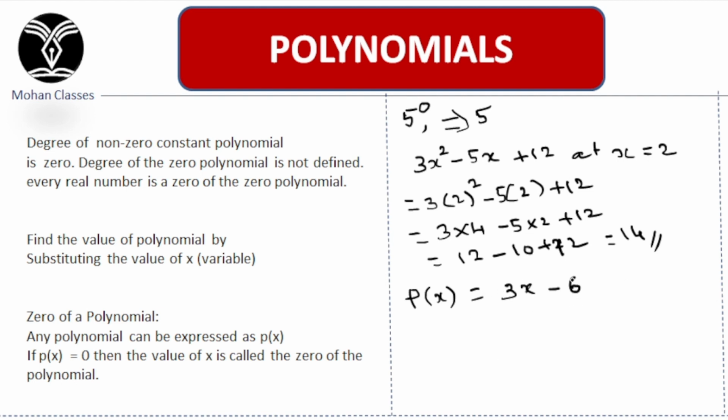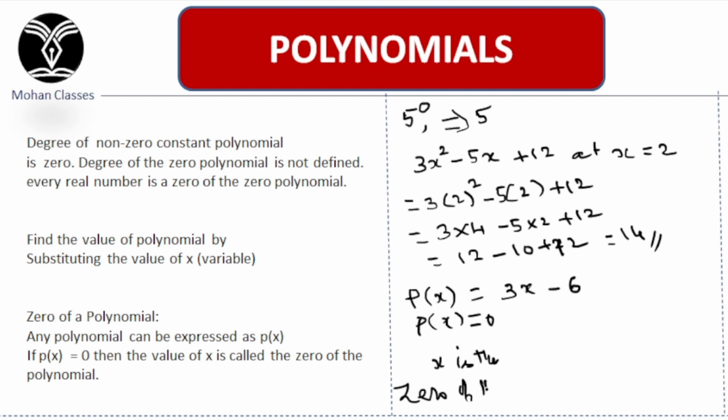How will we find it? The theorem says if p of x is equal to 0, then the value of x is the 0 of the polynomial. So first we have to make this p of x is equal to 0. Clear?